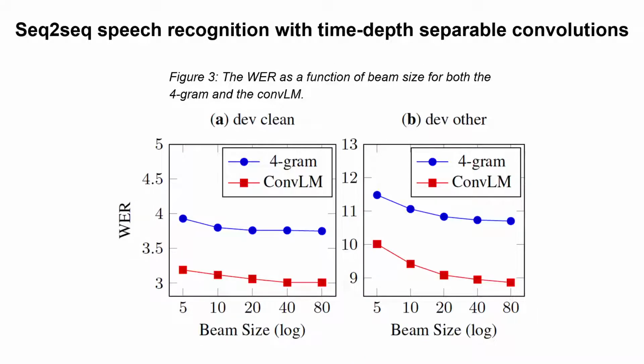And one more thing which was done here was that, depending upon the beam size, how the fourgram and convolutional LM perform. Definitely not much difference, but one WER improvement is seen if you are using the convolutional LM. This is on the dev clean data, and this is on the dev other data, which I was mentioning was really challenging, which is where the WER is higher, and in the case of dev clean, the WER is lower.